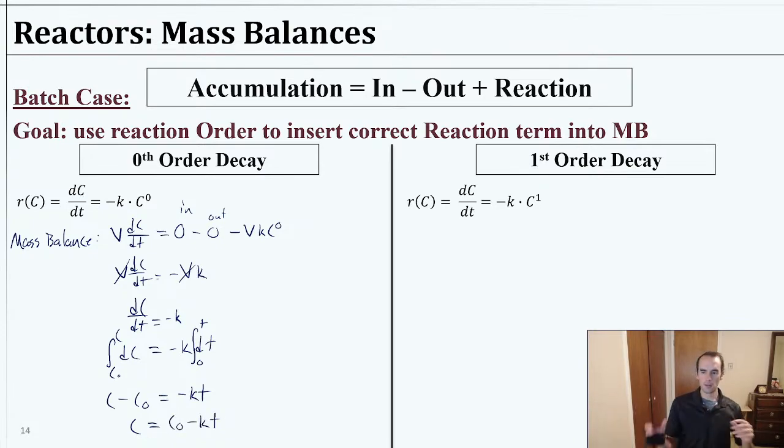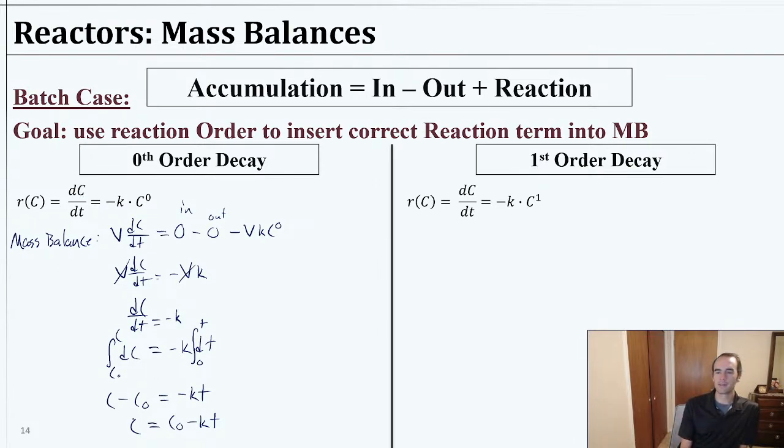Now, a zero order decay batch system is a very intuitive system. You probably could have thought to yourself, if I'm subtracting $20 from my bank account every month and I started with $100, 4 months later I have $20 left.